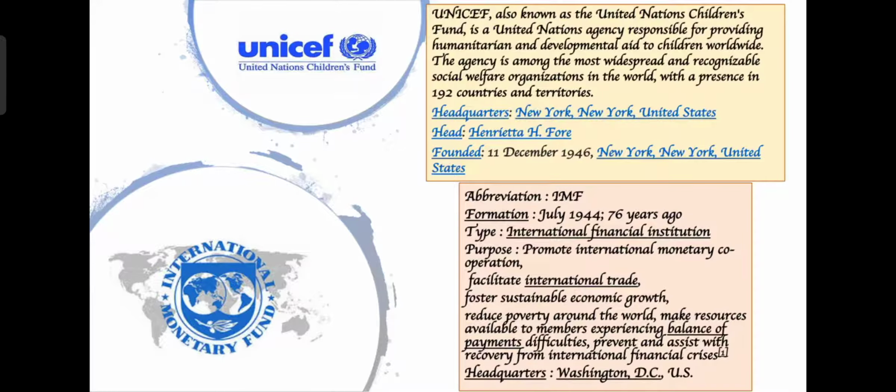The next is the International Monetary Fund. Its main aim is to facilitate international trade, foster sustainable economic growth, reduce poverty around the world, and make resources available to the members experiencing balance of payments difficulties, prevent and assist with recovery from international financial crisis.